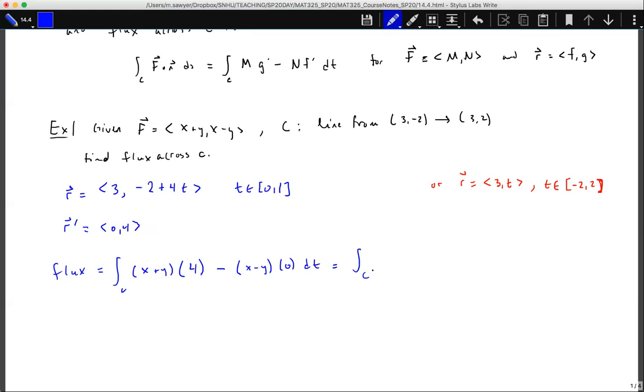Substituting in our x and our y, with t from 0 to 1, we get 3 plus negative 2 plus 4t times 4 dt. So this gives us the integral from 0 to 1 of 4 plus 16t dt. This is an easy integral to solve, and we get 12 units of flux across our curve C.